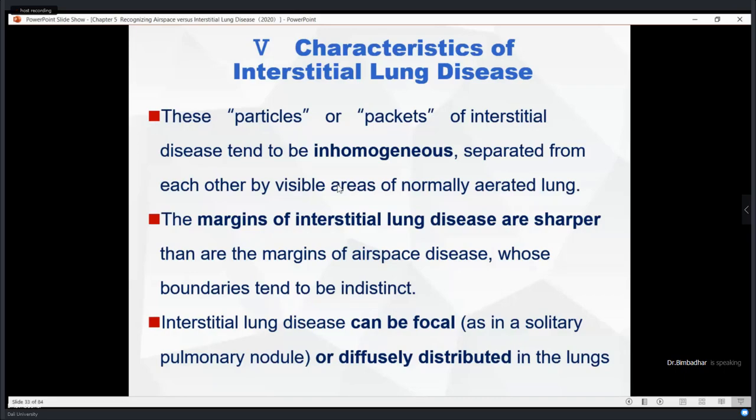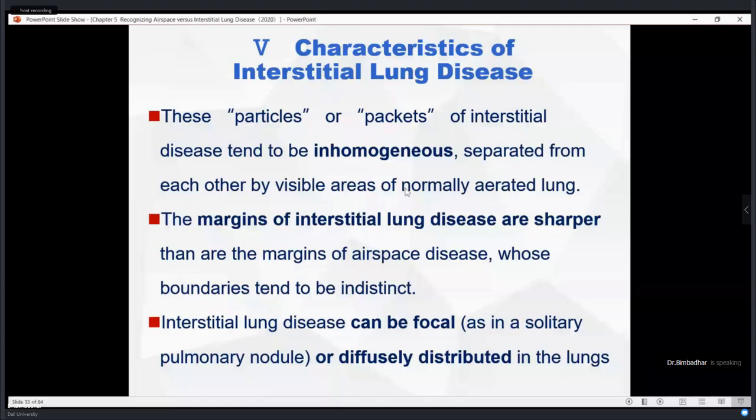Even if it has invaded a larger space of the lung, it does not look equally white. Different areas are white and different areas are black, or let us say some areas are opaque and some are lucent. Such a pattern is called an inhomogeneous pattern, right?